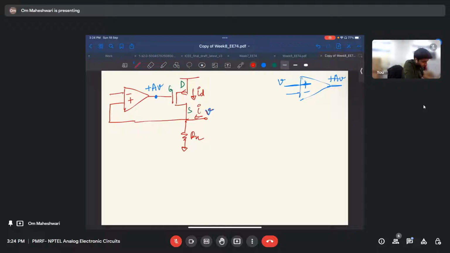Now let us write the equation ID equals GM VSG plus GD VSD for PMOS, right? So GM VSG, source is V minus AV. Oh, sorry, I wrote it wrong. Nobody corrected me. So this is drain for PMOS.